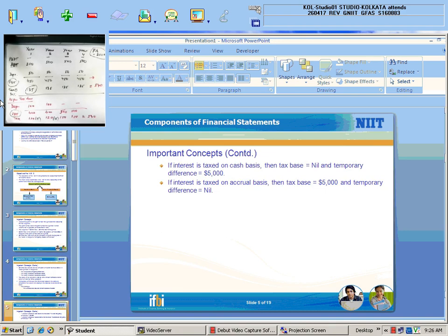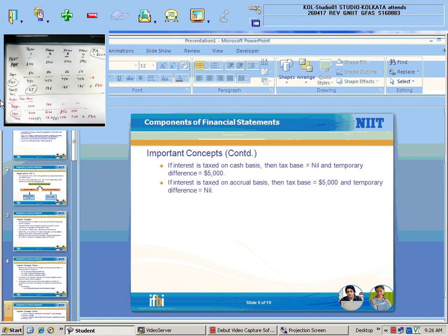If the tax law permits or requires that interest should be taxed on cash basis, then the tax base is nil because it is interest receivable. The cash has not yet been received. So the tax base will be nil, and the carrying value in the balance sheet is 5,000. Tax base is nil. So temporary difference will be 5,000.